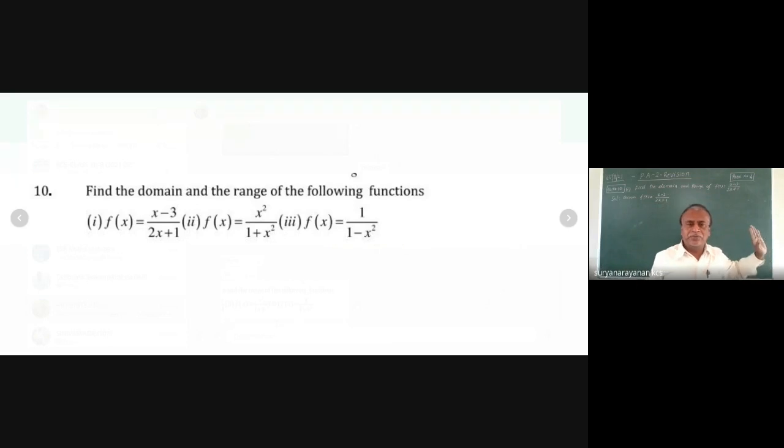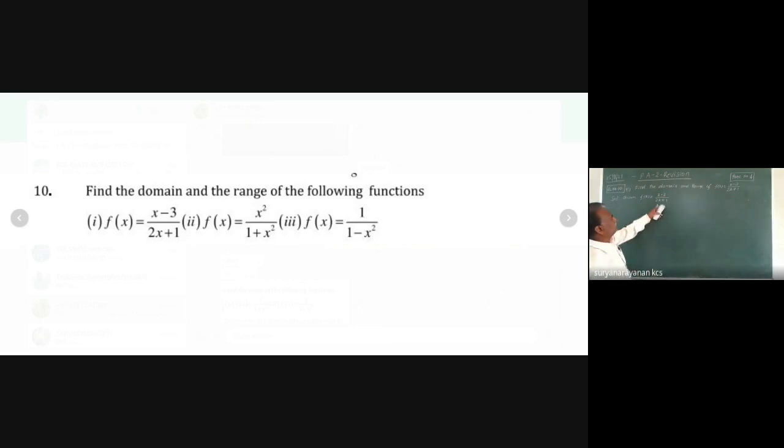Previously, I gave some functions which are in the form of different kinds of functions. Polynomial function is one of the types of the functions. So, if f of x is defined as g of x by h of x, both are polynomial functions.